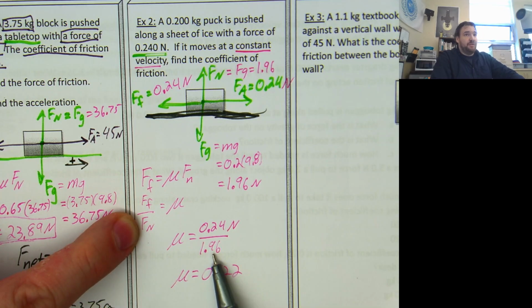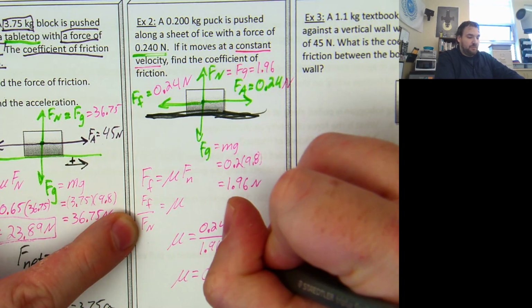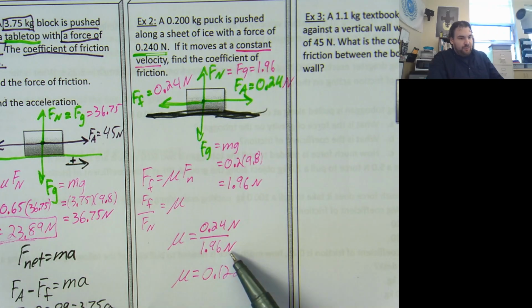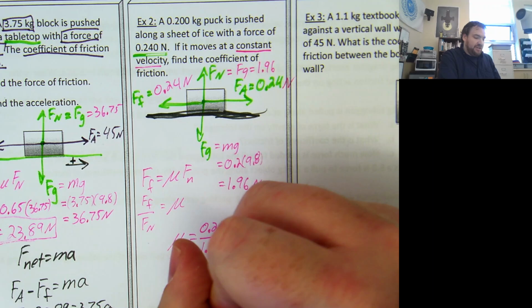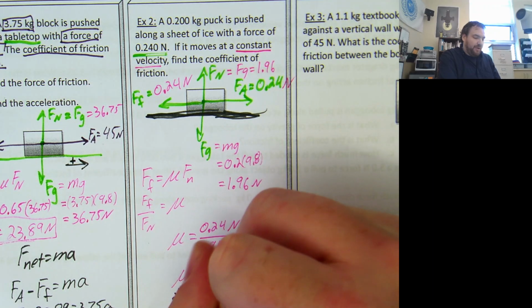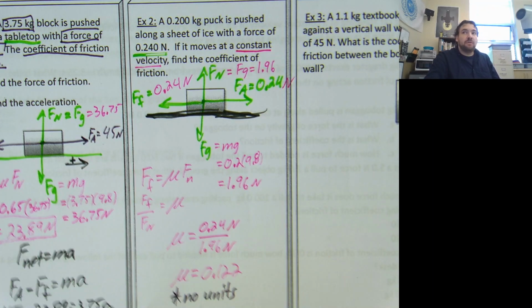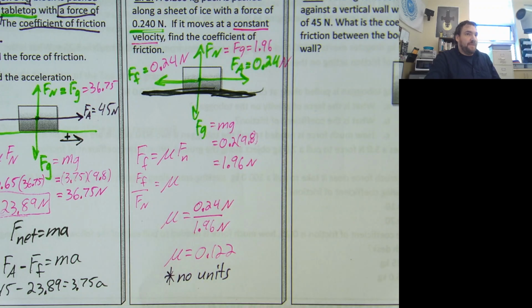All forces are measured in newtons. So if I take 0.24 newtons and divide it by 1.96 newtons, what are the units on the coefficient of friction? Newtons divided by newtons, it's going to cancel. It means a coefficient of friction has no units. It is a unitless value. It is just a statement of how two surfaces slide past each other.